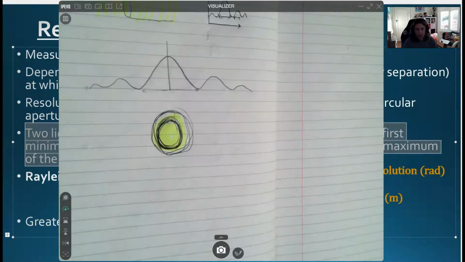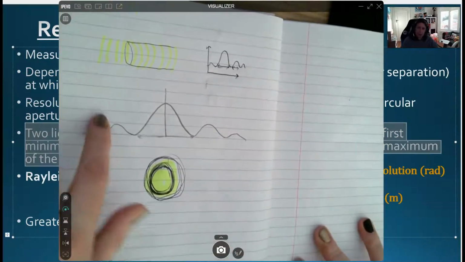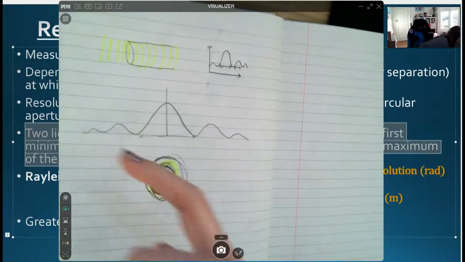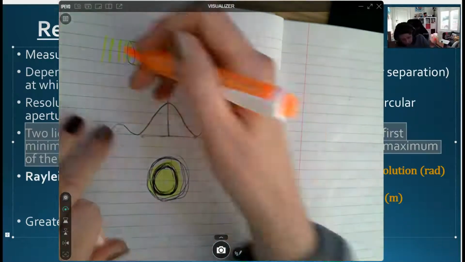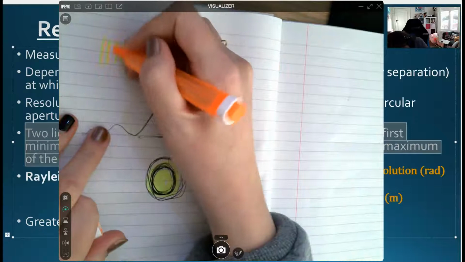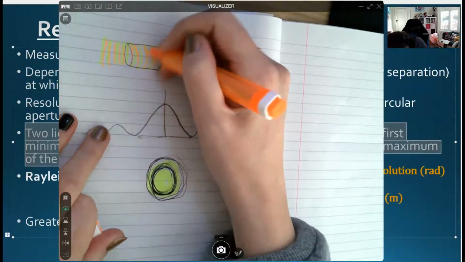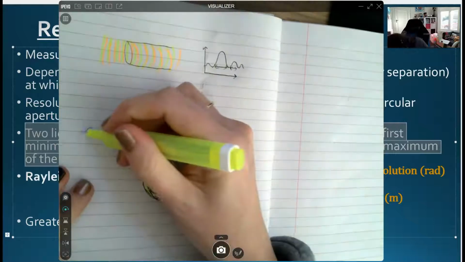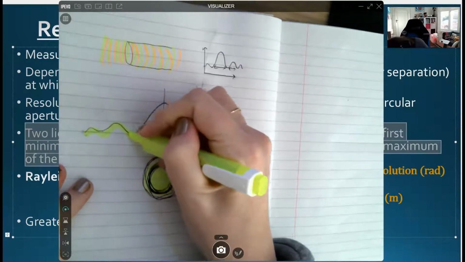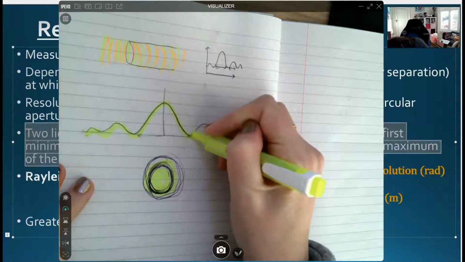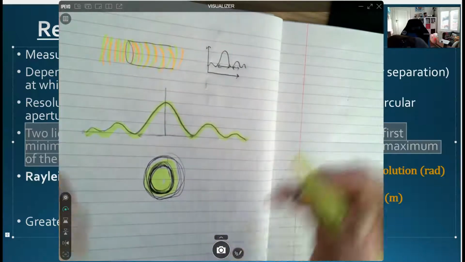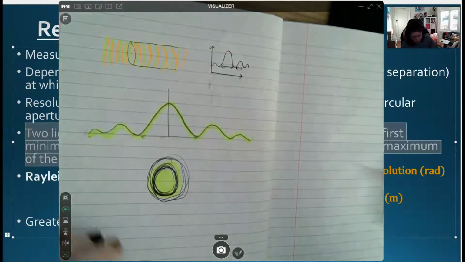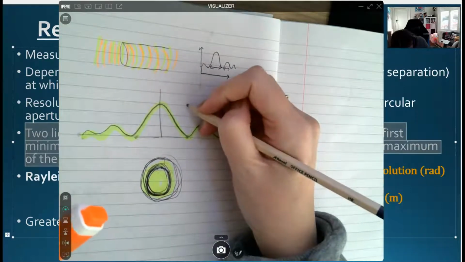What does that look like? Well, if this is my first object, the yellow one, and then the orange one is my second object, so that's coming in too. And then it's diffracting. So if this is my yellow one here, you will only get to see the two objects if the maximum of the second one is in the first minimum of the first one, if you like.